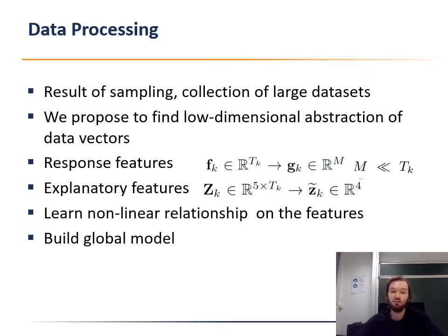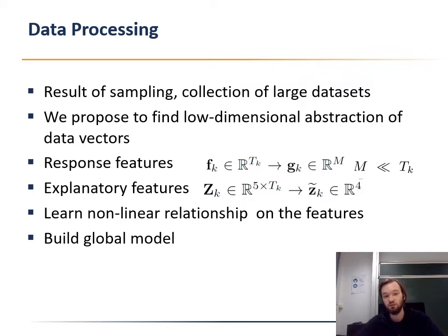When we look for low-dimensional abstraction, we first have to come up with some sort of a way of working on those abstractions, or for example working on the features. Each data type, be it force, displacement, or velocity, has its own feature, and this feature will later be processed in a more efficient way.